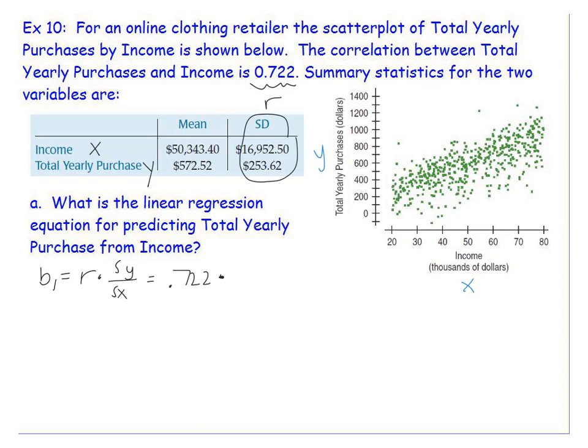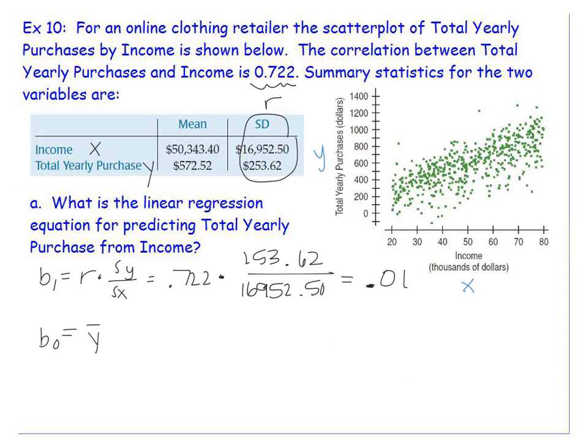The Y is 253.62 divided by the X is 16,952.50. Now when you put all of that in the graphing calculator, you should hopefully get what I got, which is 0.01.